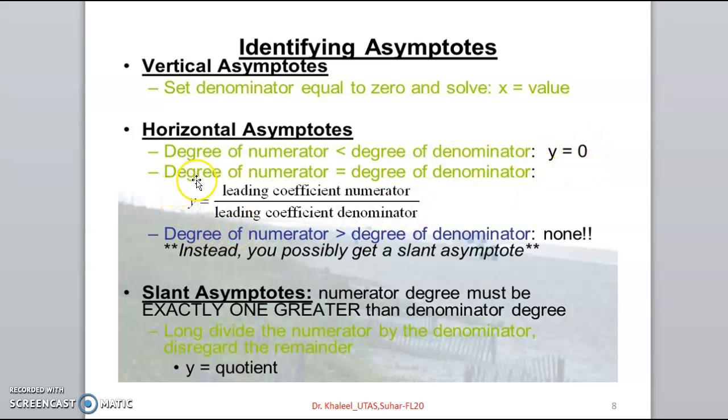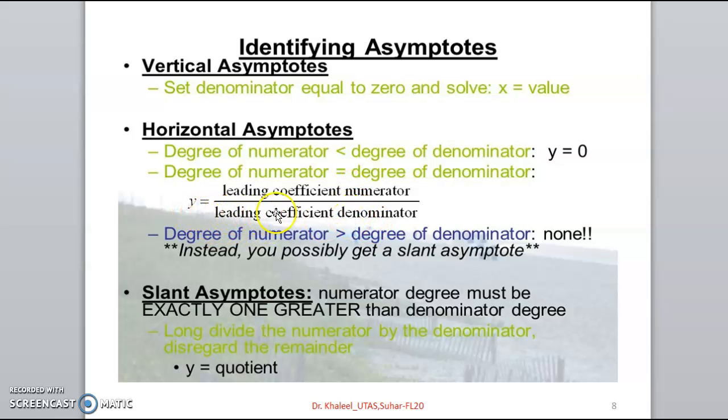Next, if the degree of the numerator is equal to the degree of the denominator, then the horizontal asymptote is y equal to the leading coefficient of the numerator, the first one, divided by the leading coefficient of the denominator.